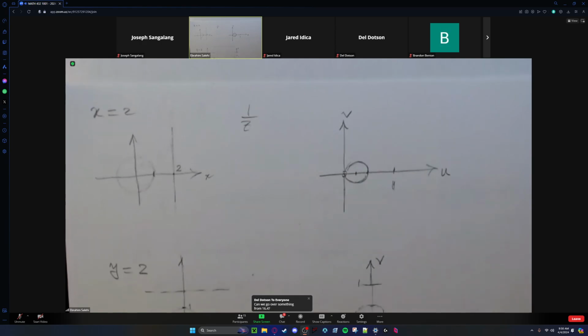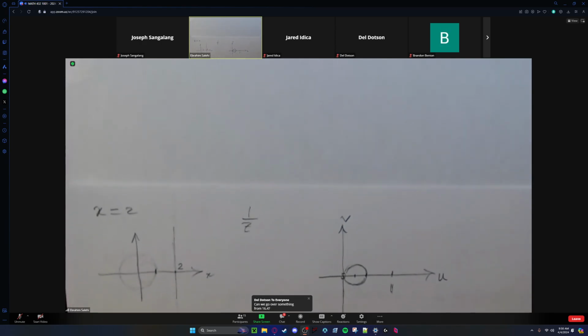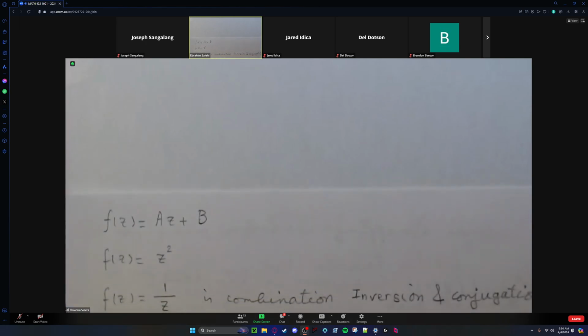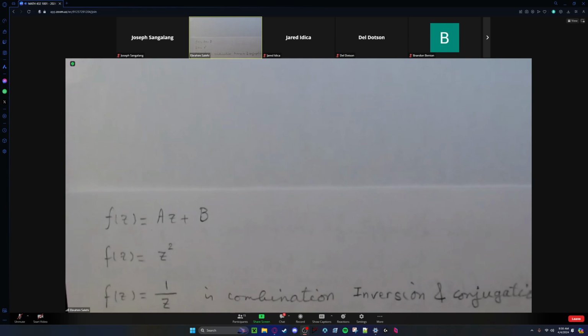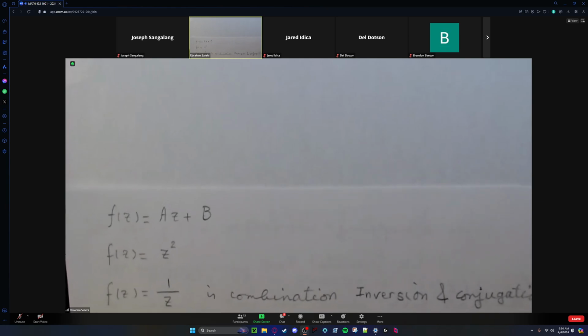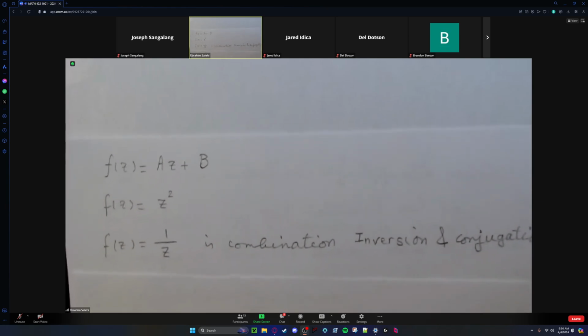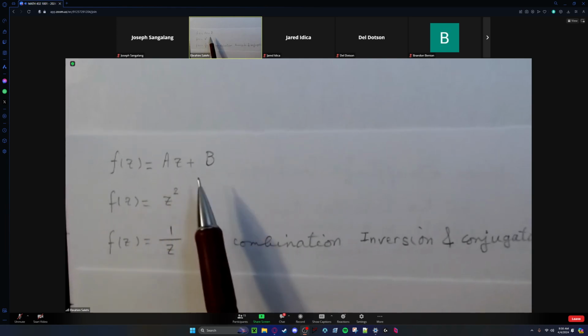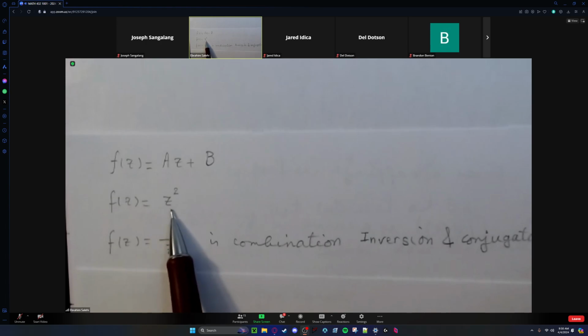You will enjoy those, all right. Here comes more examples. I guess we did this example. So this is what I covered today: the linear function, z squared, and 1 over z. I covered these three functions.